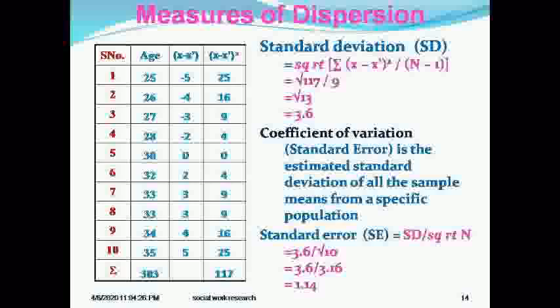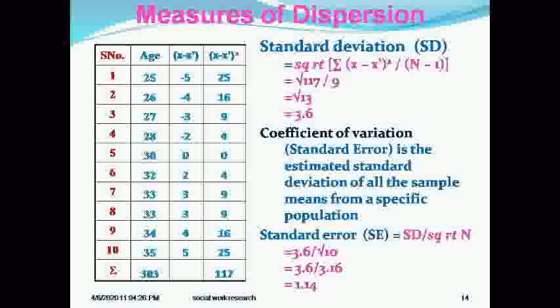There is another rule called 2 standard deviation. 3.6 is the standard deviation. 2 standard deviation means 3.6 plus 3.6, that is 7.2. So 30 plus or minus 7.2, 99% of the observations will be within this range.